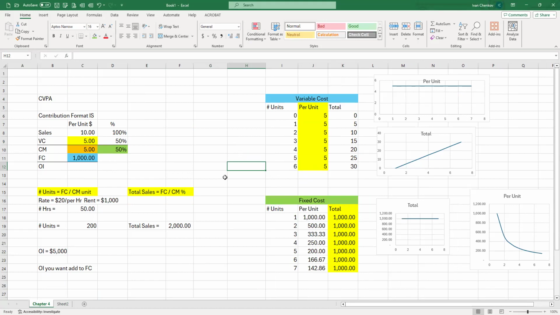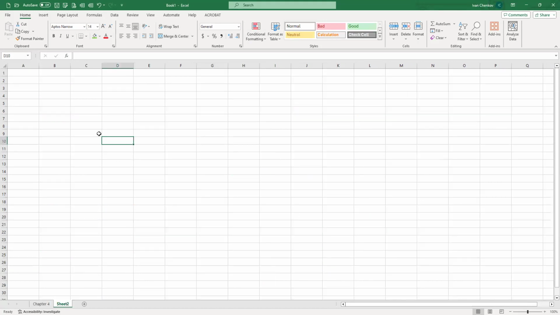Now, in order to get the cost of the product, we're going to look at the cost from a different angle. The product cost, as you already know, has three parts. In order to produce the product, we need direct material, direct labor, and manufacturing overhead.